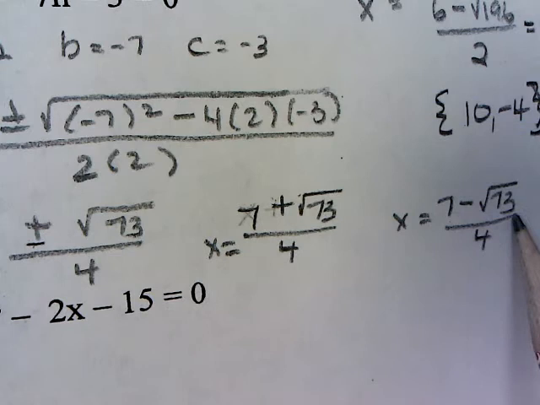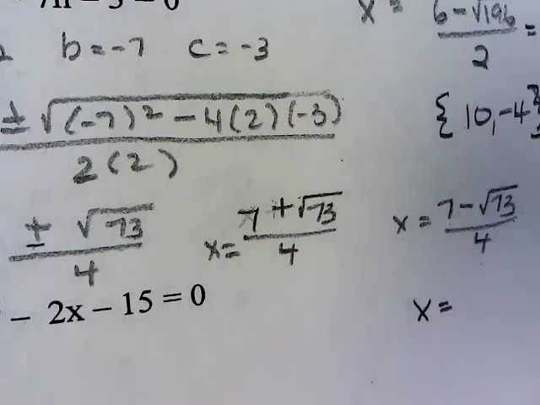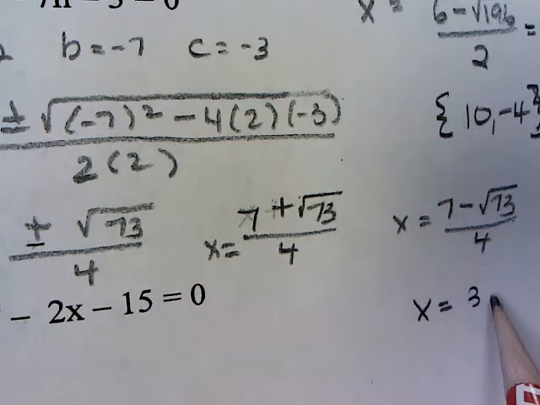So 7 minus the square root of 73 divided by 4 correctly on my calculator gives me, I don't have it in front of me. Hold on, I got to use my calculator. 3.89 rounded.